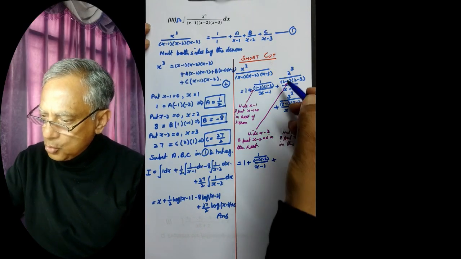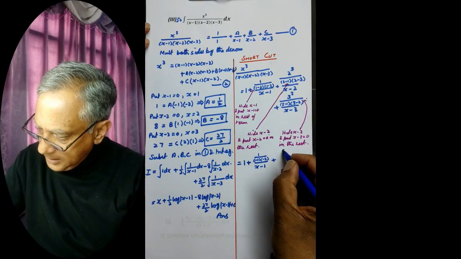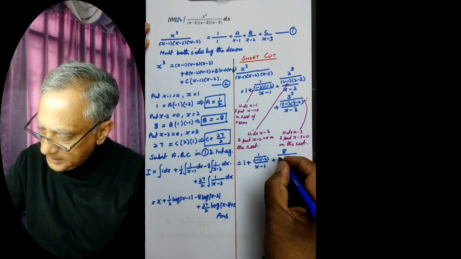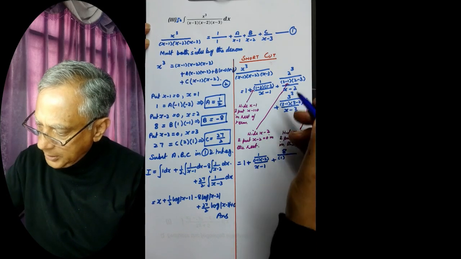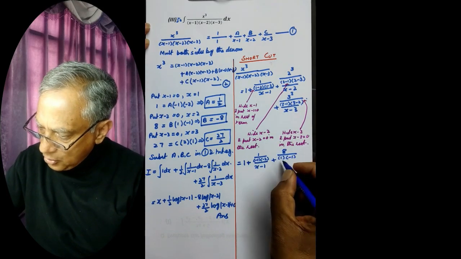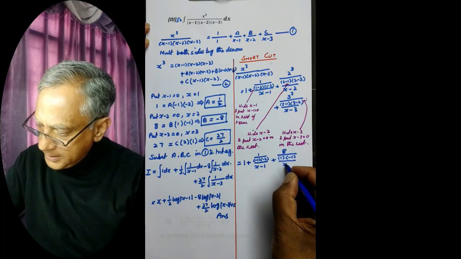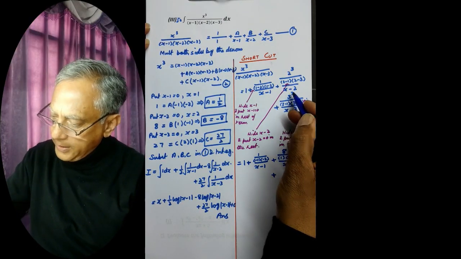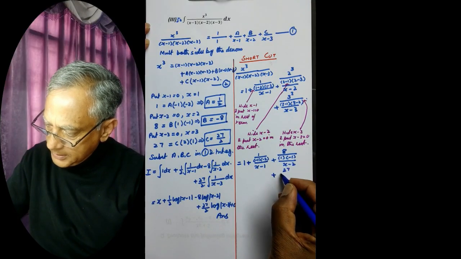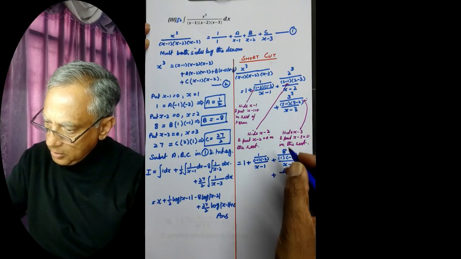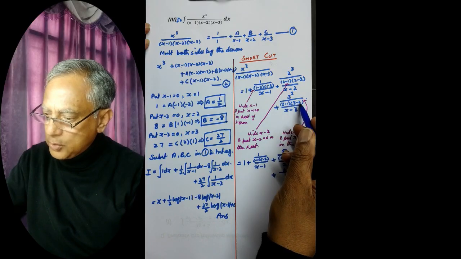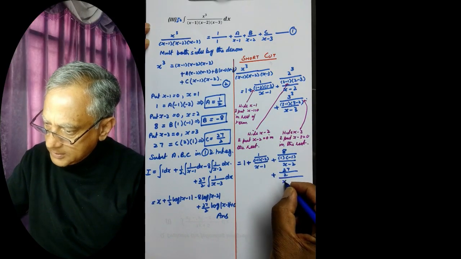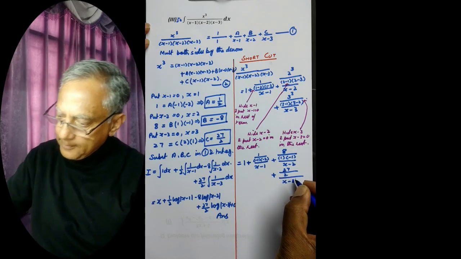Plus 2 twos are 4, 2 fours are 8, so 8 over 2 minus 1 is 1, 2 minus 3 is minus 1, whole divided by x minus 2. Plus 3 threes are 9, 3 nines are 27, so this will be 27 over 3 minus 1 is 2, 3 minus 2 is 1, so this will be 27 over 2 times x minus 3.